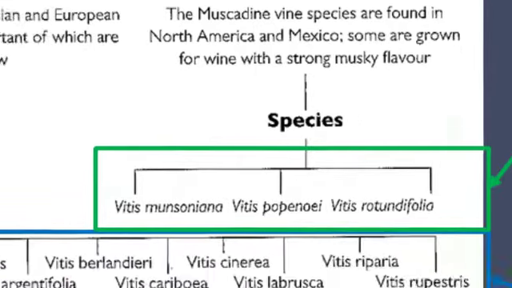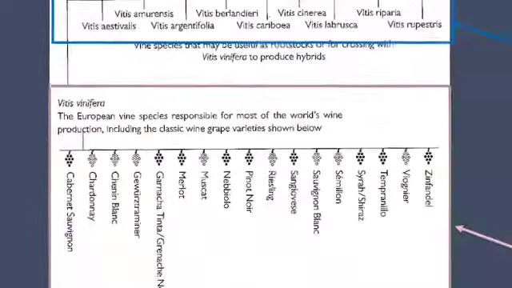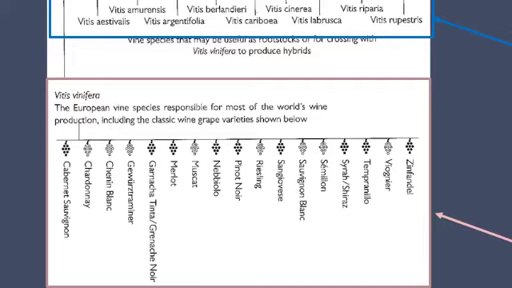Now if we go down the Vitis side of things, we have a ton of species. Most of the ones listed here are rootstock species. Some of these are used for hybrids, like we breed here at Cornell, and also for table and juice grapes. But Vitis vinifera is mostly used for wine, and that's the most economically important species we have.